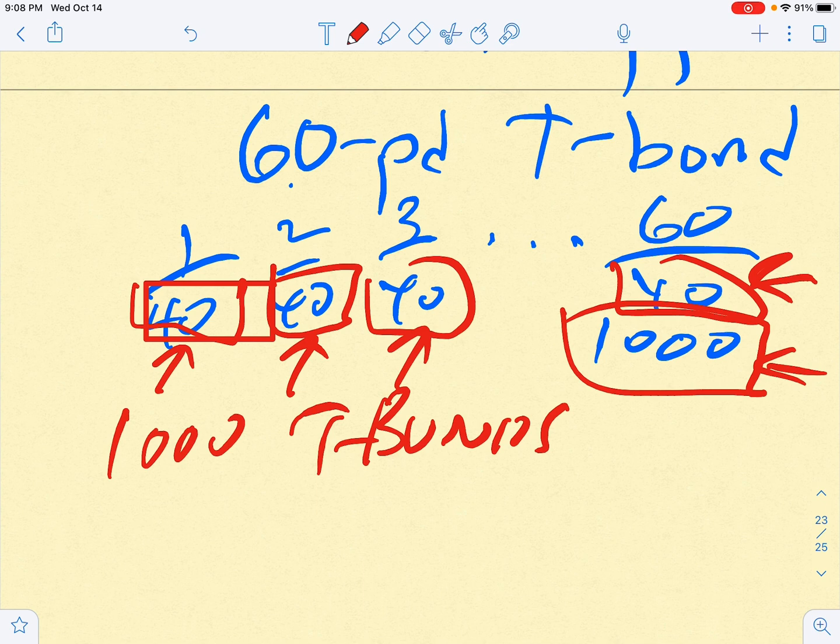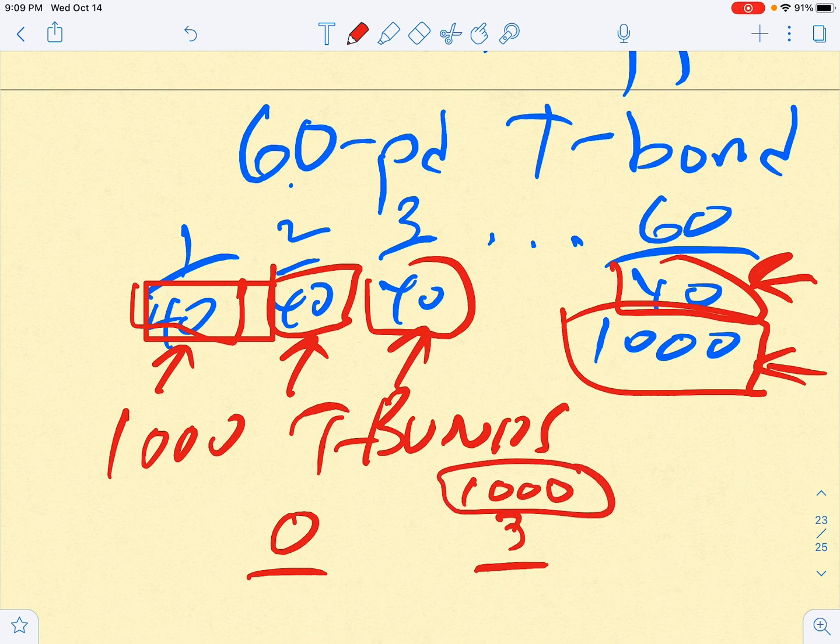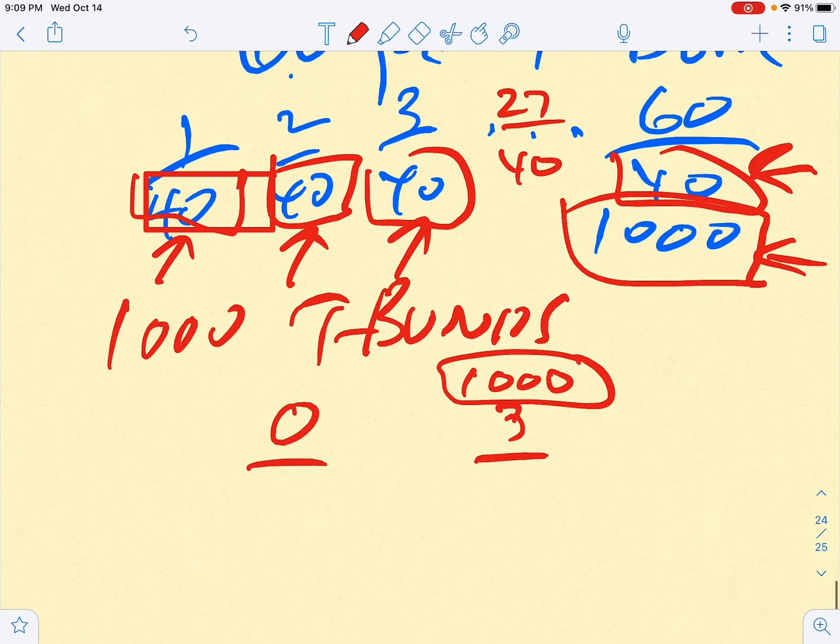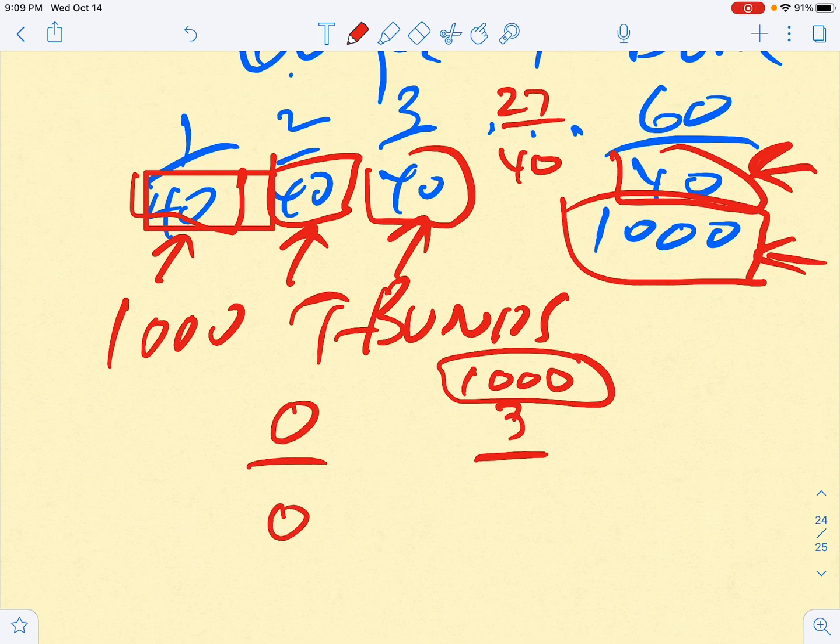So what's the security that someone could buy at date 0 that matures at date 3, making a payment of $1,000? And then here's a date 27, and there's 40,000 there. Well, they could sell 40 of these things that someone might buy at date 0, and then at date 27 would be worth $1,000.